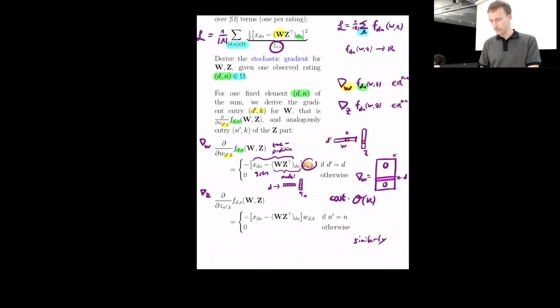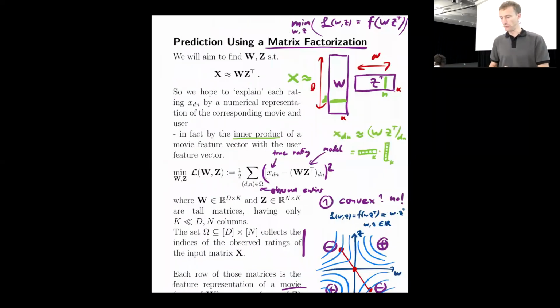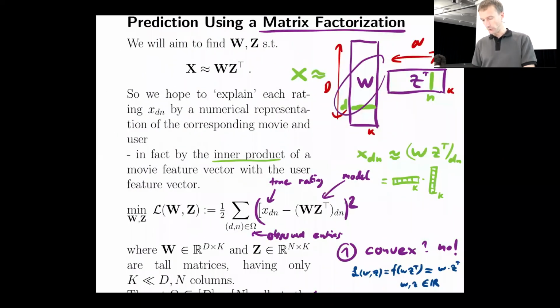If you want side information, that's also interesting. Maybe I'll come back later to this. Here everything is learned, right? W and Z. But if you also have some additional knowledge about these users, then I could just concatenate this hard-coded information about each user. Whatever knowledge you have about these users, you could add it on the bottom, and here you would then learn additional parts which go together with this hard-coded information when the product of the two matrices is built.